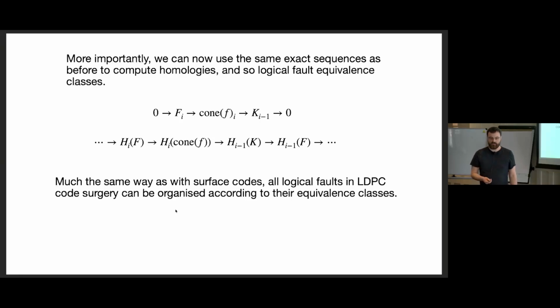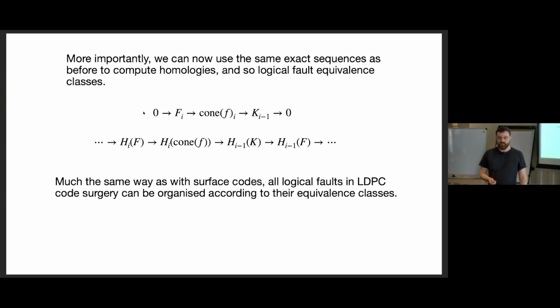The main aim of doing this algebraically, because one could say, all right, but you can just draw it, you could just visualize it, is so that I can use some algebraic tools. I want to classify what the logical fault equivalence classes are of this big space-time volume that I'm performing all of these surgeries within.